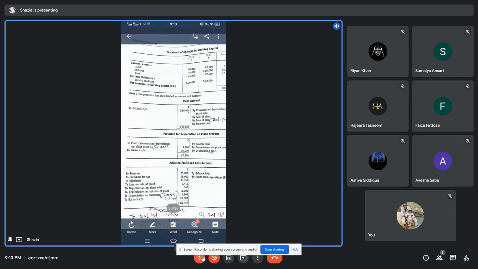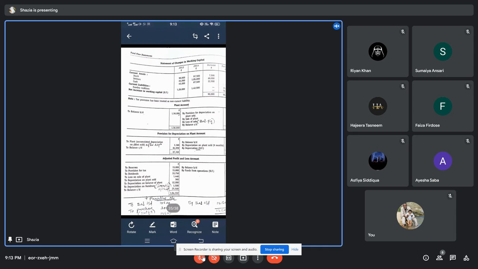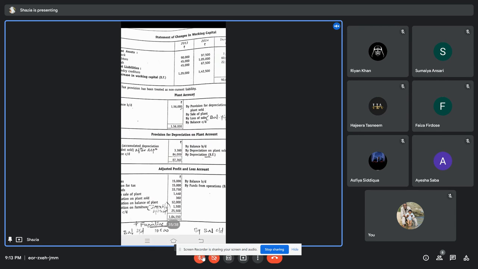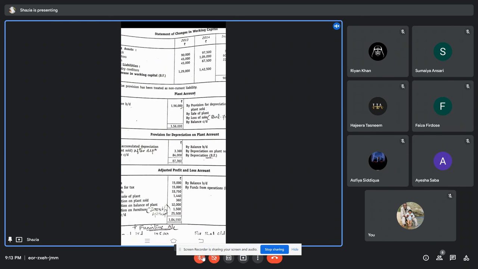So now this is to plant, accumulated depreciation on plant sold. There is a small typing error in the spelling of plant. So see, to plant accumulated depreciation on plant sold, that is after depreciation, your outstanding amount of the plant was 3,360.